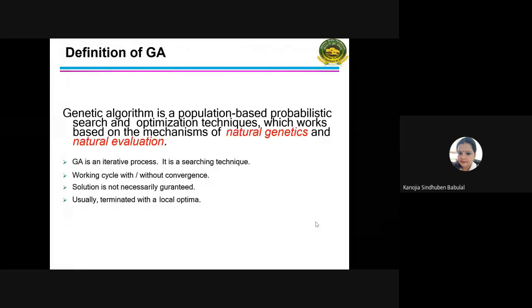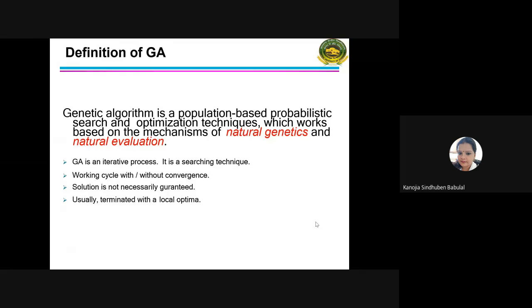And there are a few properties that we have with genetic algorithm. These algorithms are iterative in nature. They repeat again and again until we converge or until we find an optimum solution. Convergence is some kind of terminating criteria, where we are supposed to stop this iterative process.